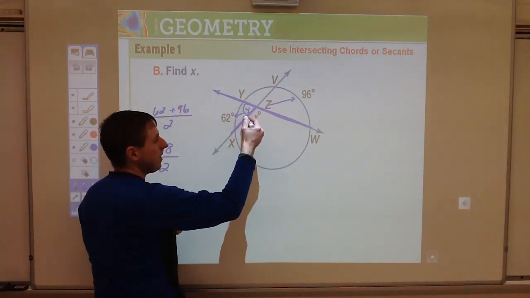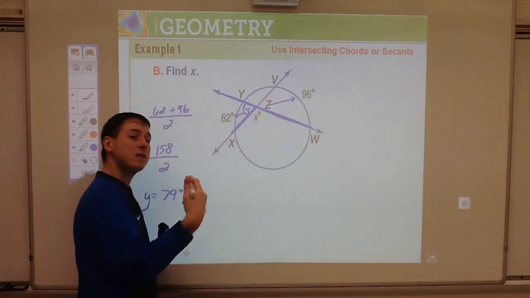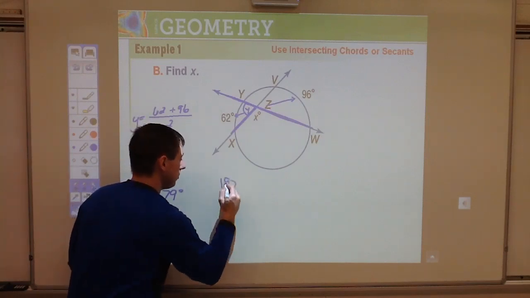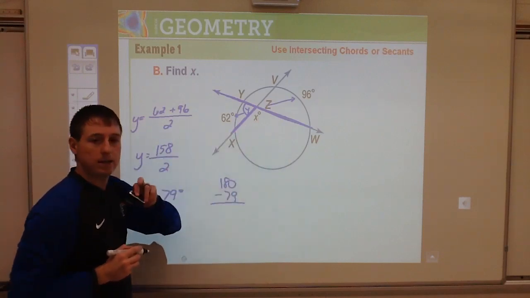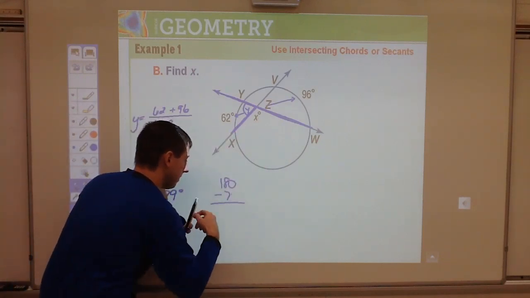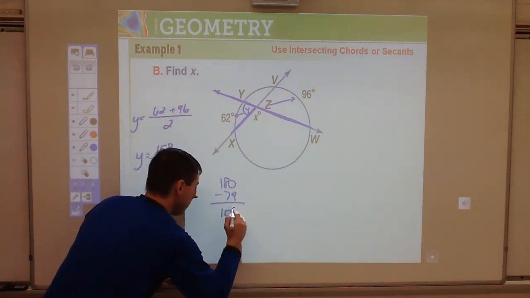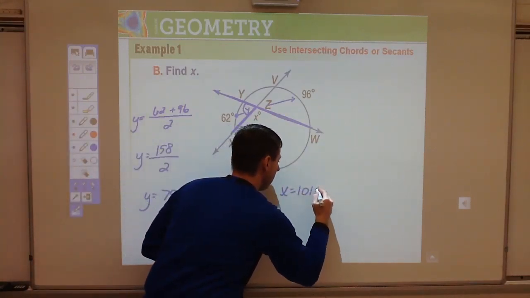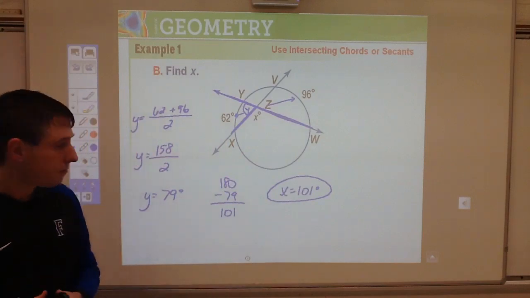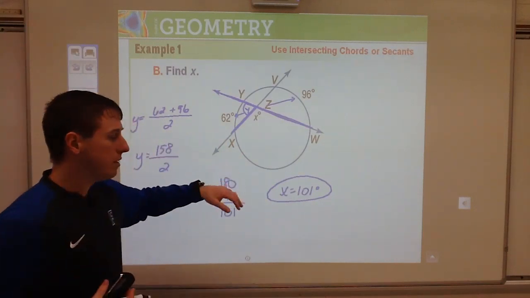So if I have 79 there, x is going to be the rest of the 180. So 180 minus 79. That's going to tell me how big x is. Okay, so 180 minus 79, that's 101. Okay, so x equals 101 degrees.